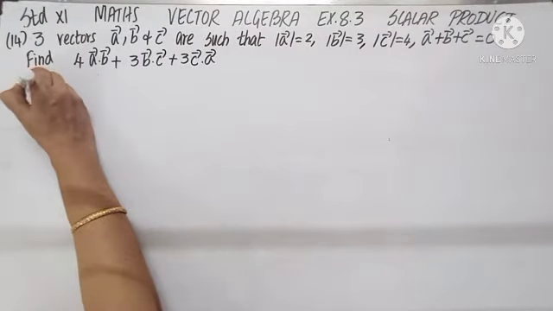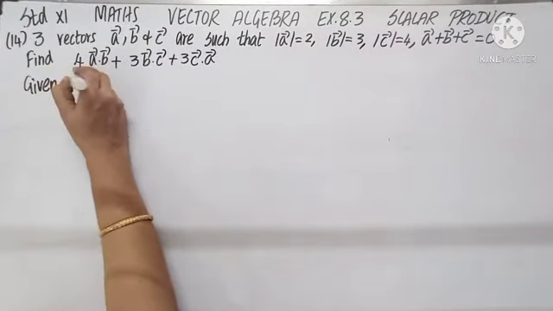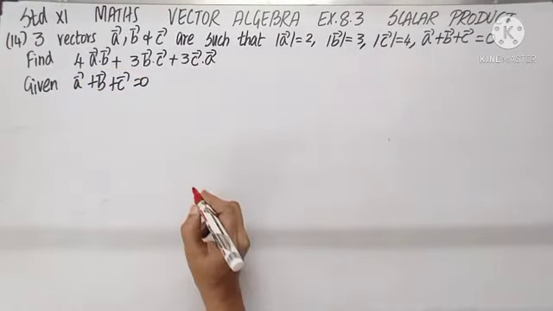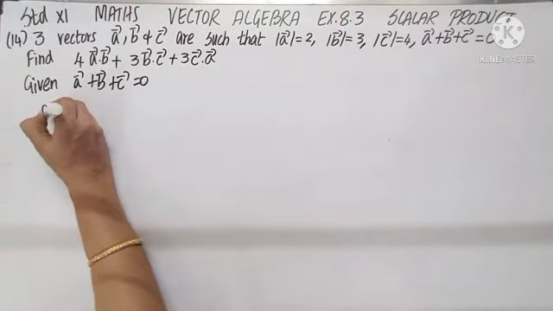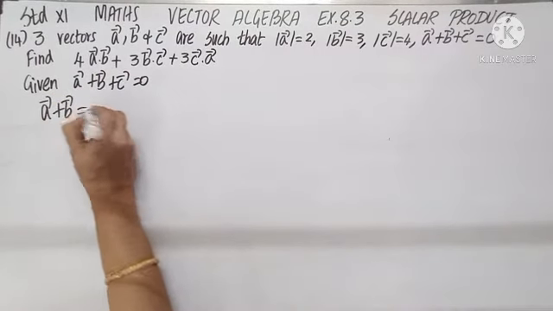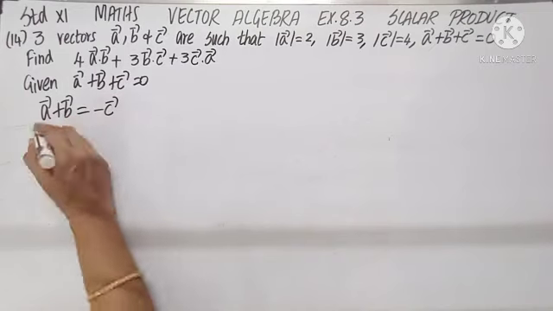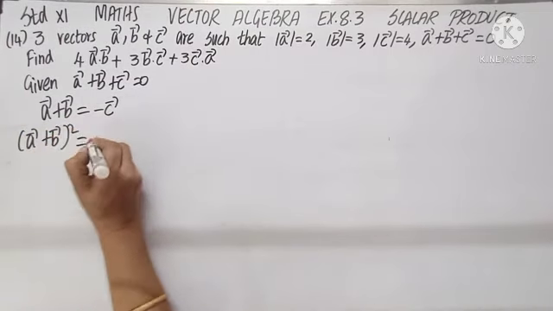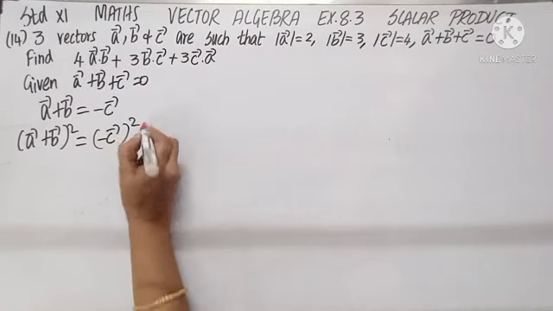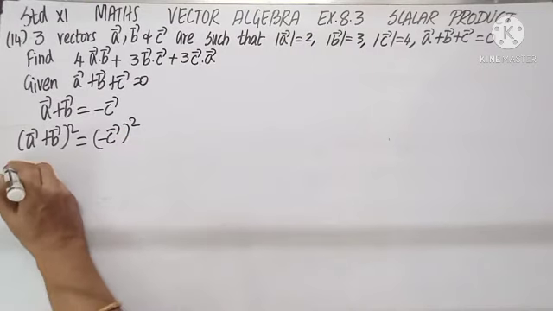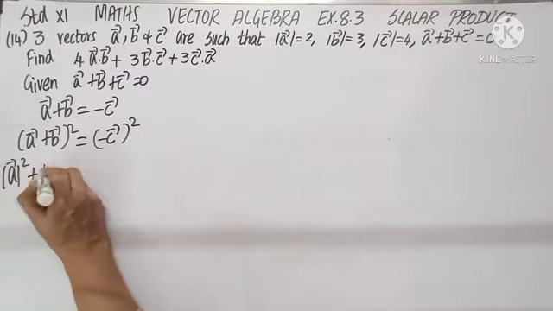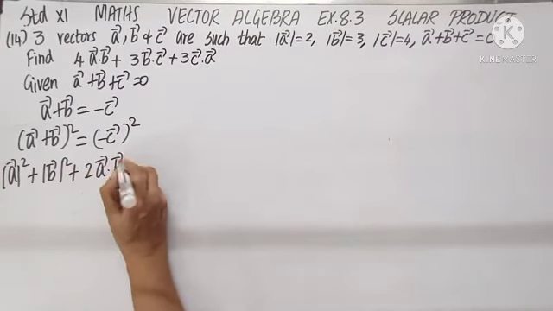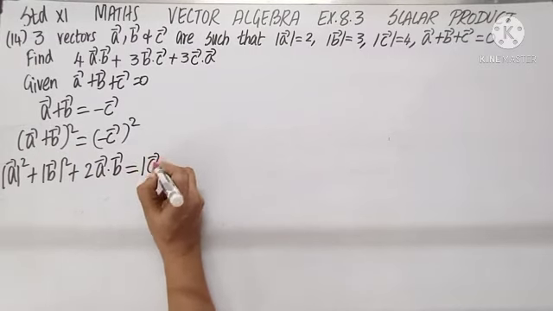So what is given? A plus B plus C equals 0. As I keep A plus B in the left and bring C to the right, squaring on both the sides, I get A plus B the whole square is minus C the whole square. It is A square plus B square plus 2A dot B, which is nothing but C square.